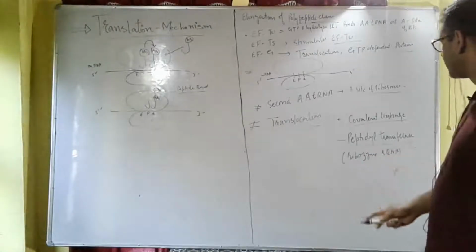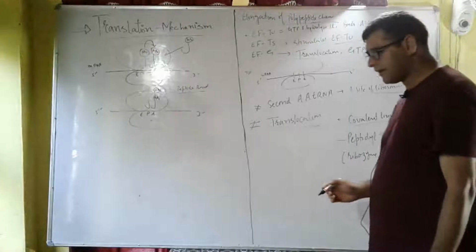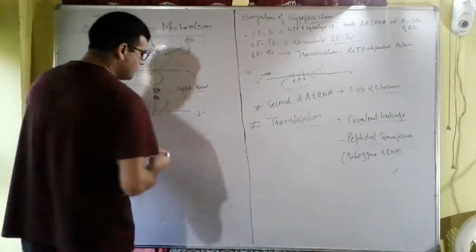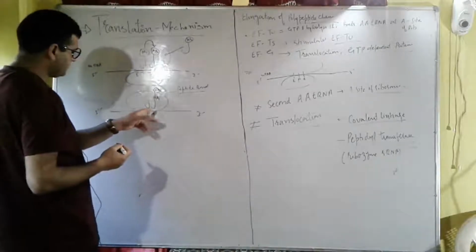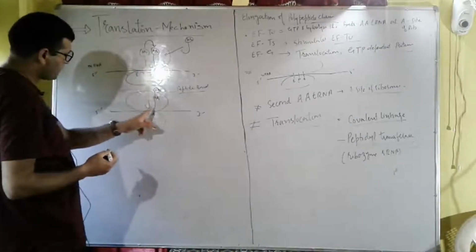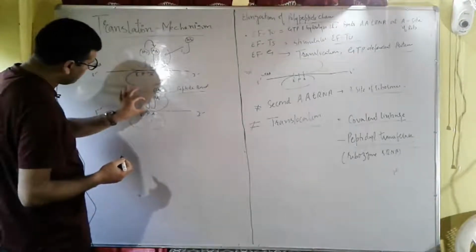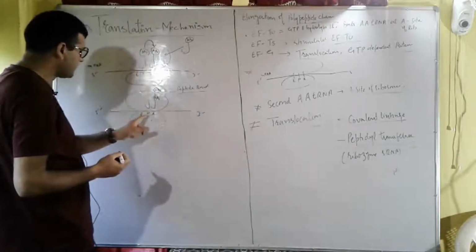So peptide transferase is a ribozyme, an RNA enzyme. And then what happens? We have this empty tRNA at the P site.